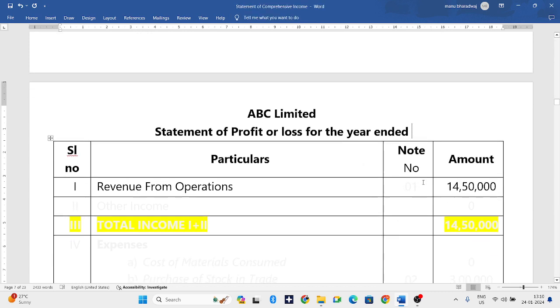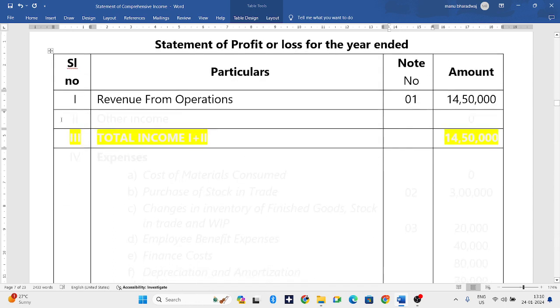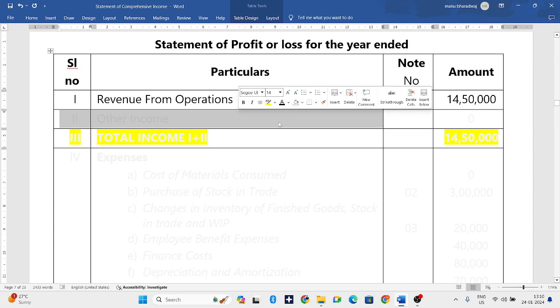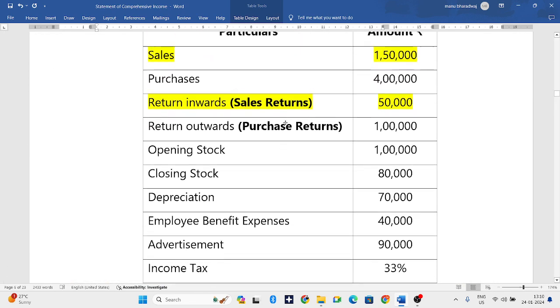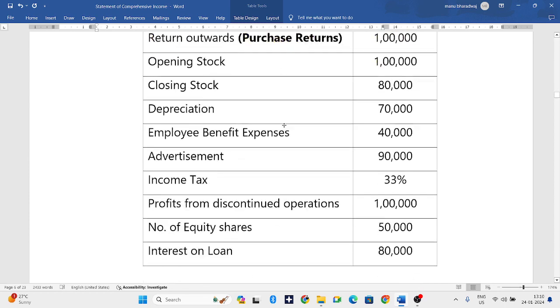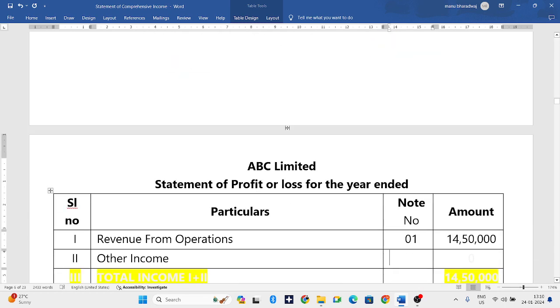The final answer you have to write, and here you have to mention note number 1, because that is the reference number. After this, you have to check for the next step. The next step is other income. In this question, there is no such item called other income.